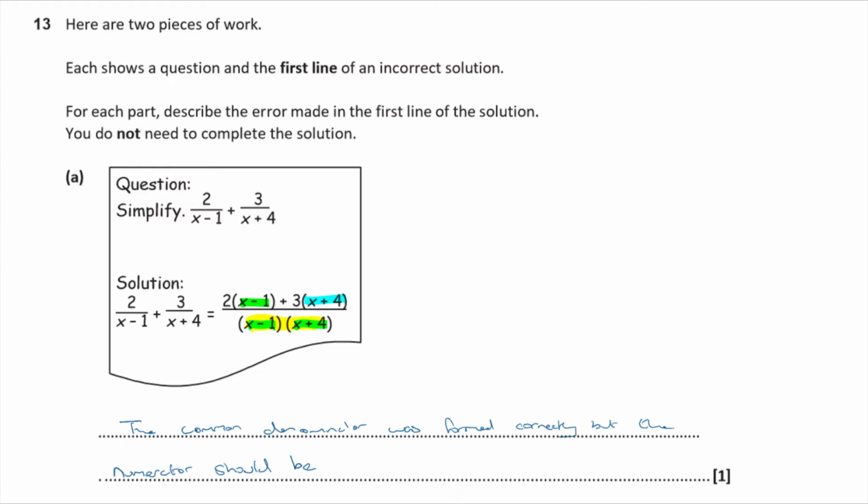So the numerator should be 2 lots of x plus 4 plus 3 lots of x minus 1. That's probably quicker than just trying to describe how they got muddled up. Okay, it's only worth 1 mark, so probably just writing that down would have been enough.